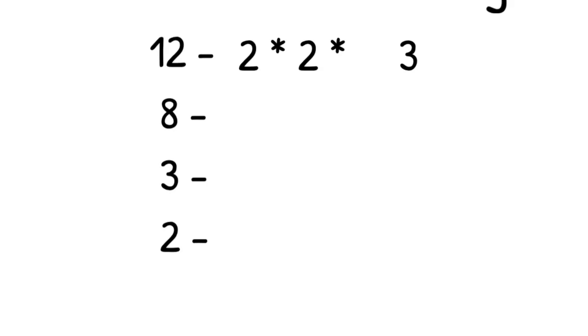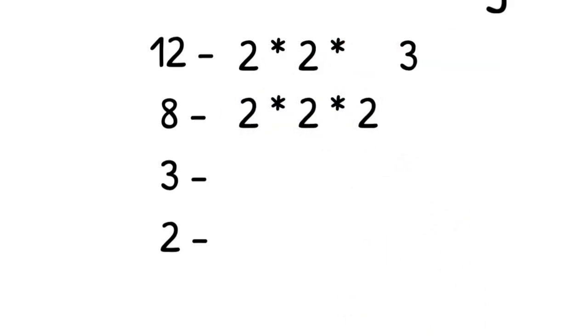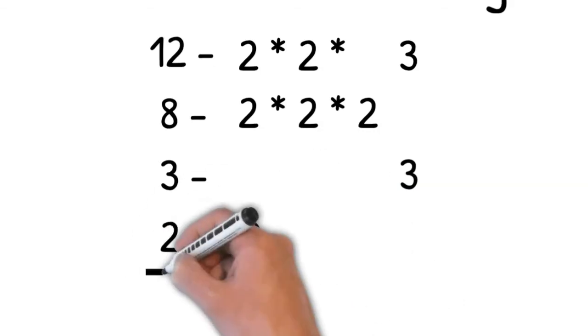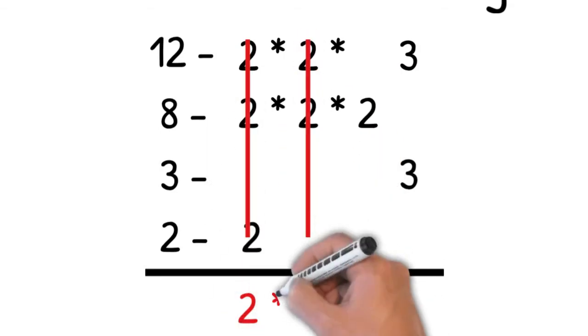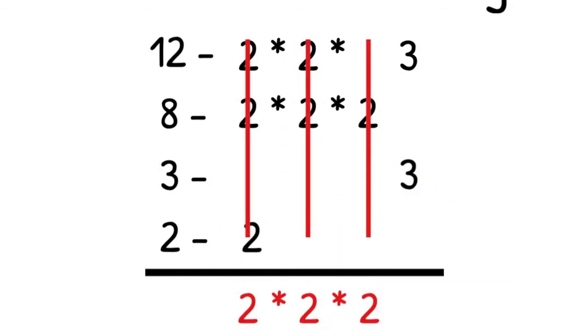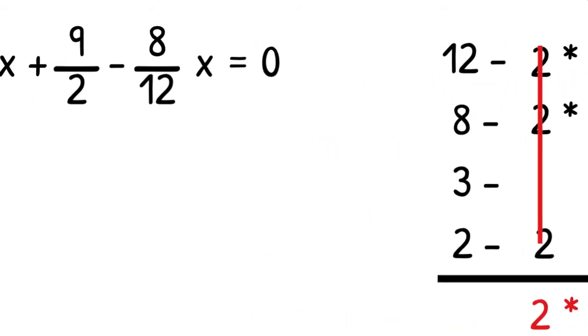The prime factorization of 8 is 2 times 2 times 2. 3 is prime, so just put a 3 over in the 3's column. 2 is also prime, so just put a 2 over in the 2's column. Now we have a column of 2's, another column of 2's, a third column of 2's, and then a column of 3's. Multiply these together and we get 24, the least common denominator.